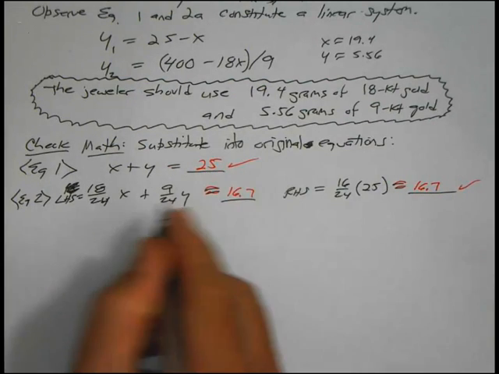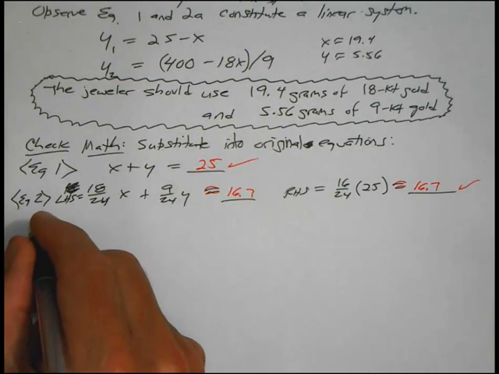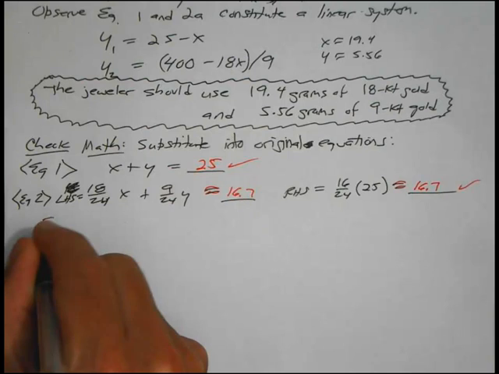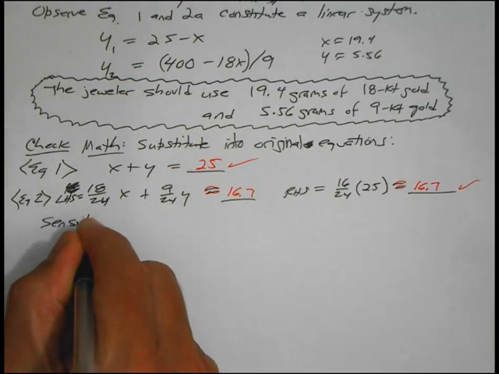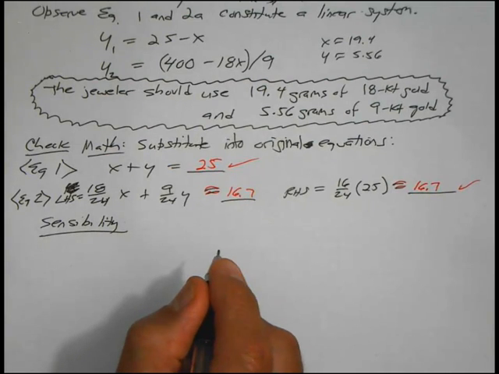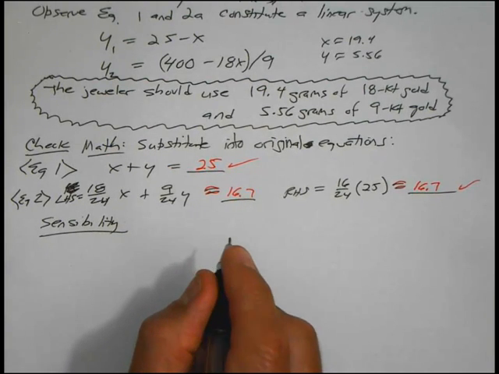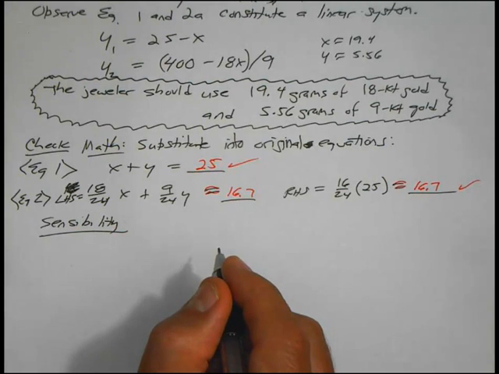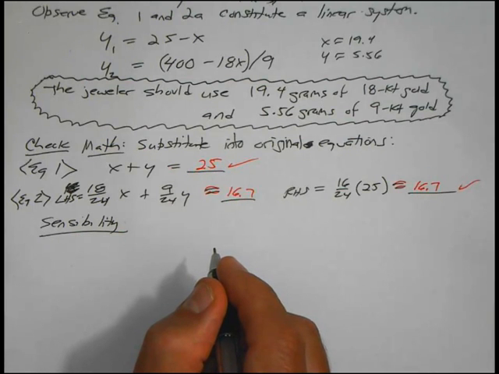Now, what about this answer as far as sensibility? Does this feel right? Getting away from just the math, which could have a translation error, we need a sensibility check of some sort. We're mixing together 18 karat and 9 karat, and we're to produce something which is 16 karat.